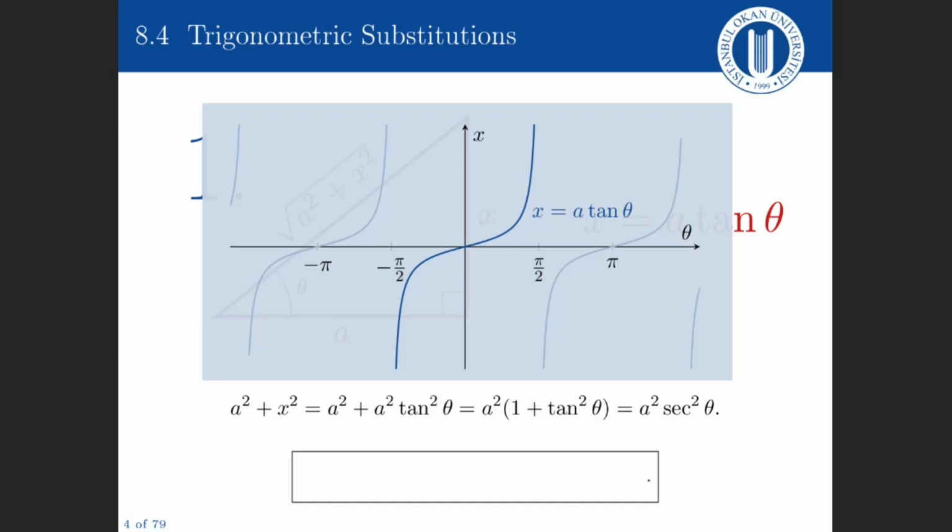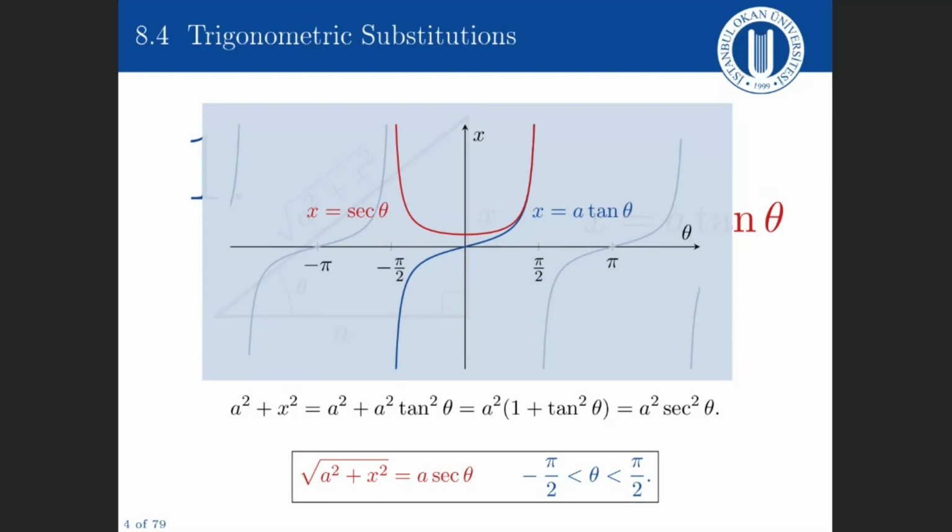Now, we don't want to be thinking about any theta. We just want to be thinking about theta between minus pi over 2 and pi over 2. That will give us all of the possible values of x. And if we are between minus pi over 2 and pi over 2, then sec theta is always positive.